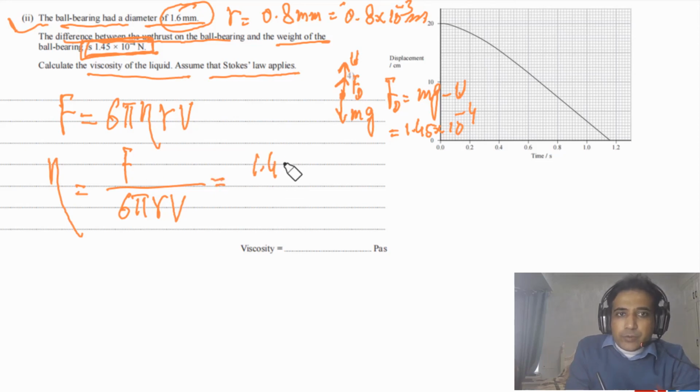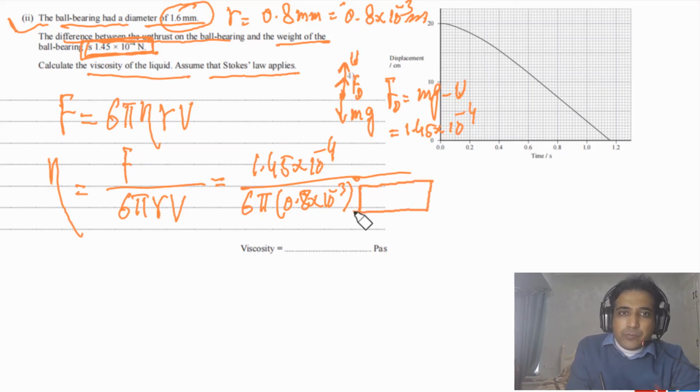So we have 1.45 times 10 to minus 4, divided by 6 pi. The value of radius we have, that is 0.8 times 10 to minus 3 meters. We need the value of V. If we have the value of V, we can find viscosity.